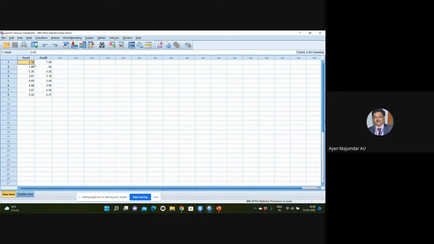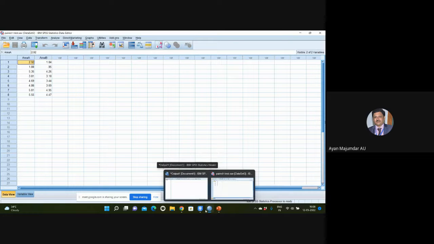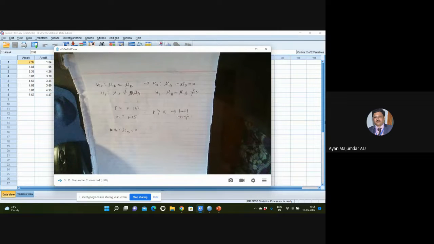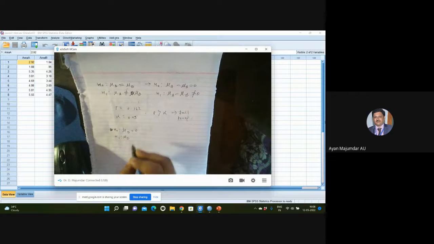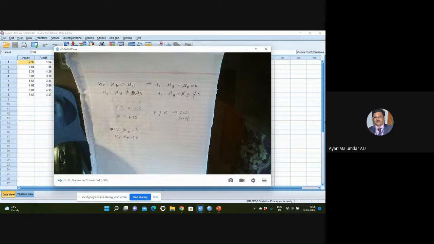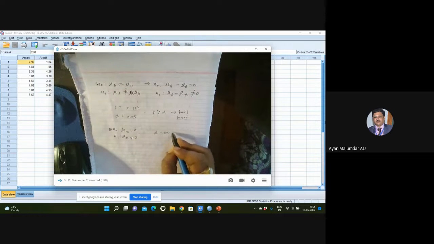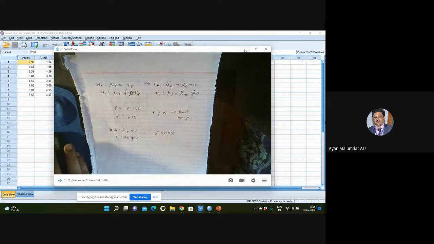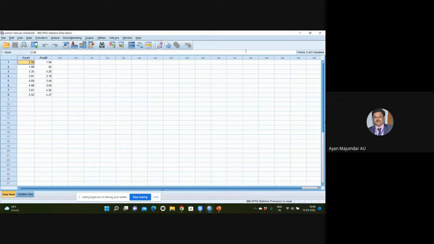That we need to test. So the null hypothesis will be that the mean difference equals 0, and the alternative hypothesis is mu d not equal to 0. We are going to test it at 5% level. So this is the hypothesis.